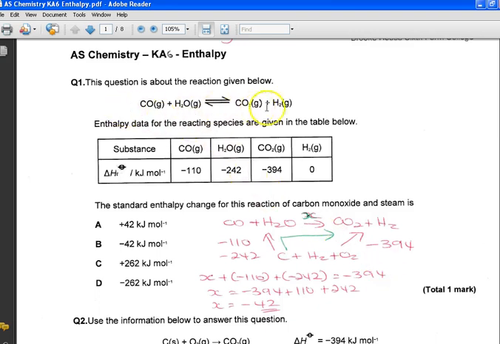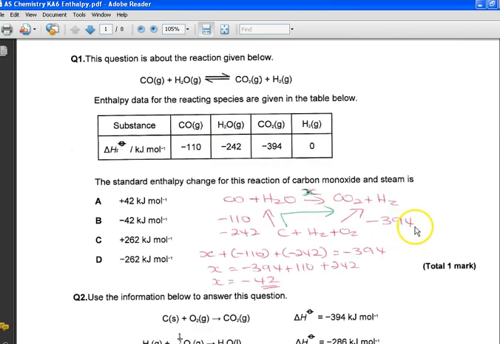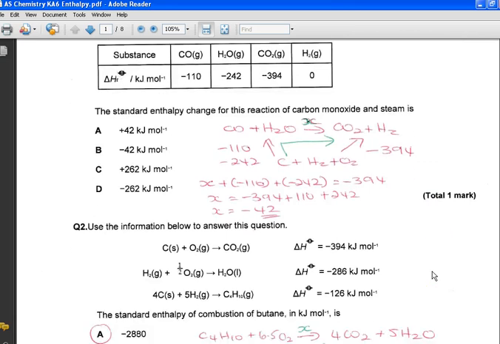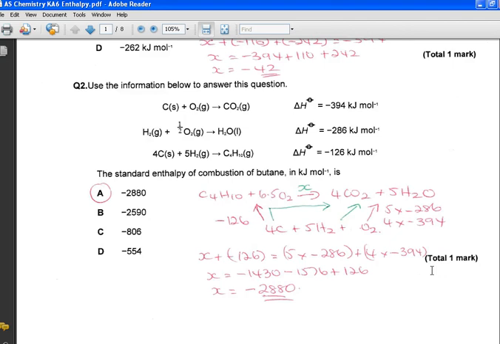You've got the equation up here, but it's an equilibrium, and you are being asked for the enthalpy change for the reaction of carbon monoxide and steam. So obviously your arrow is going in that direction. When you draw it out, you can see how the calculation is done and you get the right sign.